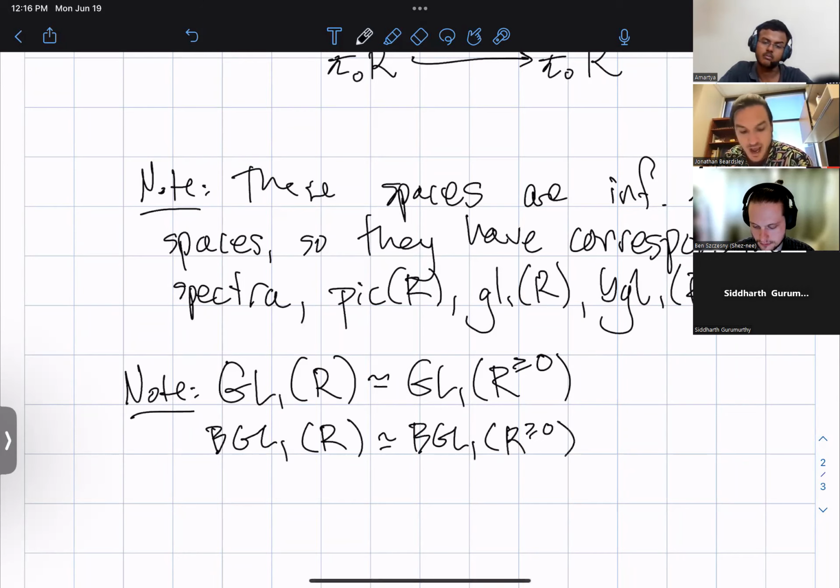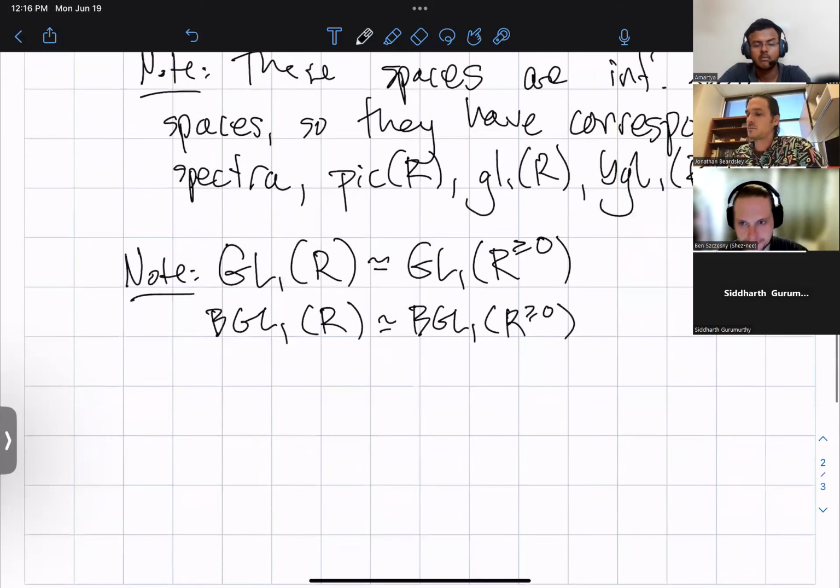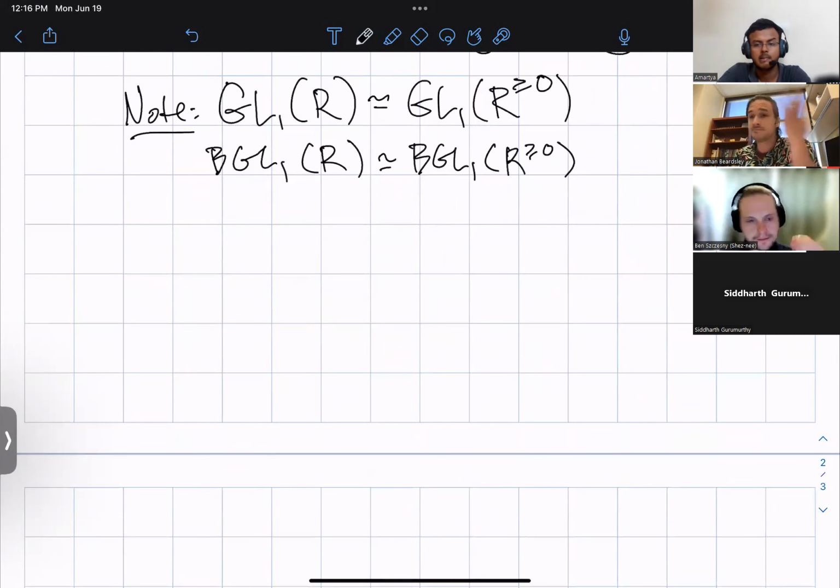But this is not true in general for the Picard space. So BGL1R is sort of one component of the Picard space. So its pi 0 is trivial, but the Picard space has potentially more than one object. And so its pi 0 will typically be more complicated than BGL1R, and it will take into account non-connectivity of R.